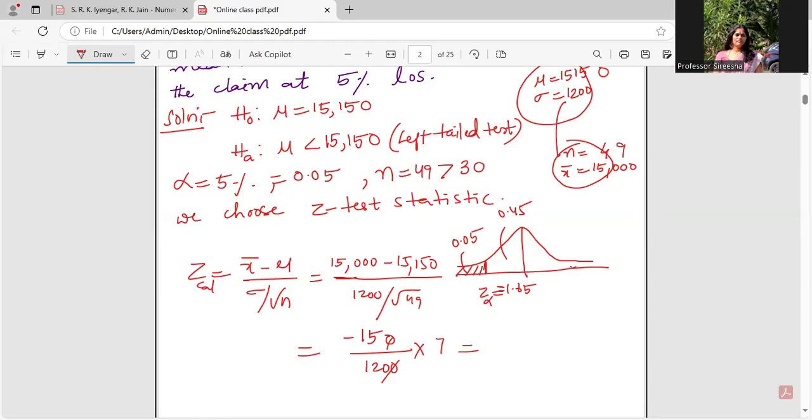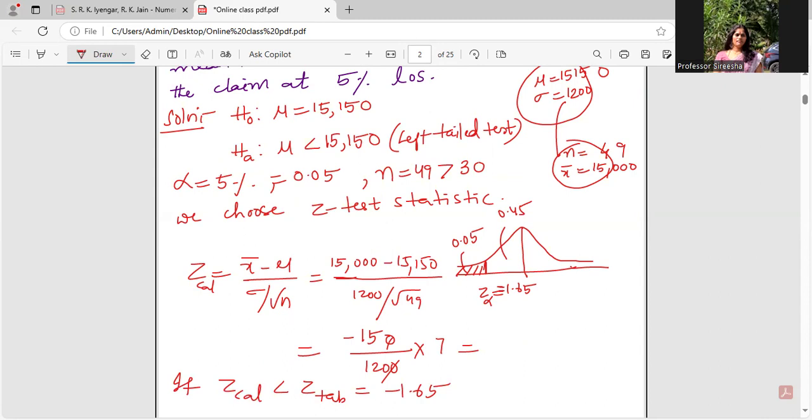Let me write here: if Z cal is less than Z tab, which is equal to minus 1.65, all the values less than minus 1.65 would be towards the left, guys. Why? Because for negative values, as the number increases, its value decreases with a negative sign.